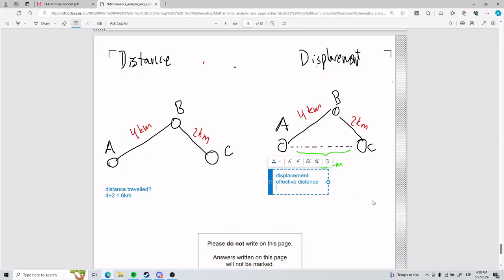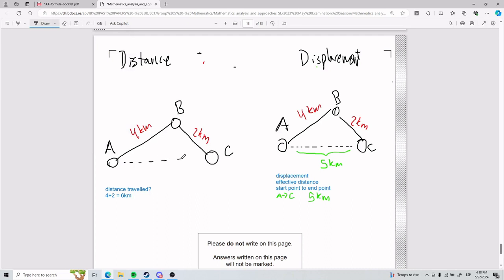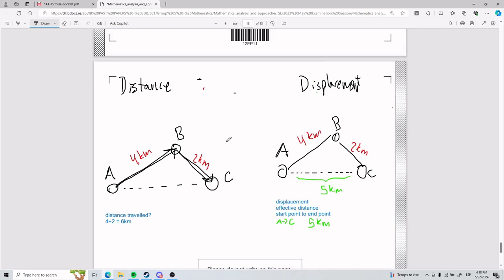What really matters is start point to end point, all right? And start point to end point, which is just A to C, was 5 kilometers. So here displacement was 5, while distance does not care about the distance from A to C. It only cares about the distance you actually covered. Okay, so that's the difference between distance and displacement.